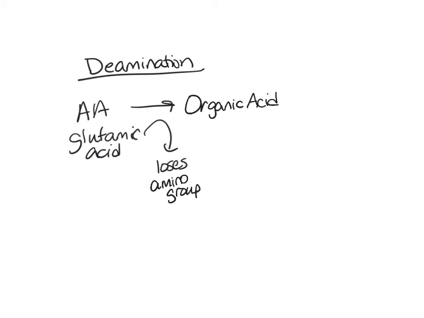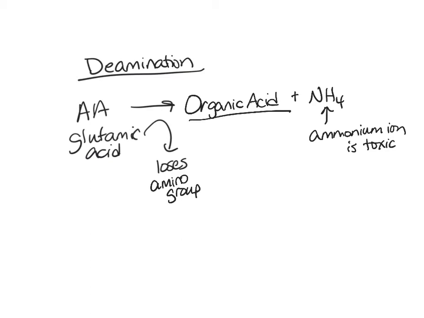This organic acid can be used by the cell, but it also generates the ammonium ion, and the ammonium ion is toxic. So the process of deamination does create a useful acid, but it also creates a toxin that the body has to get rid of. So then the liver enzymes have to get rid of that.